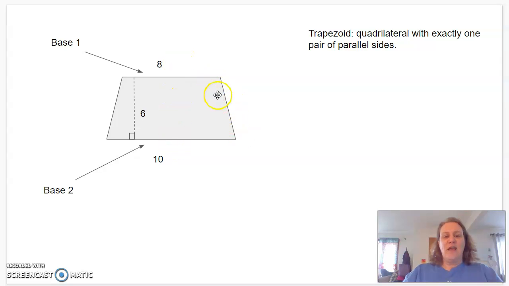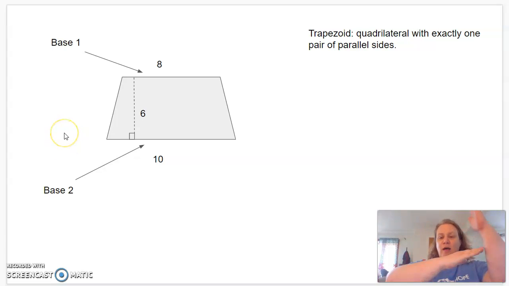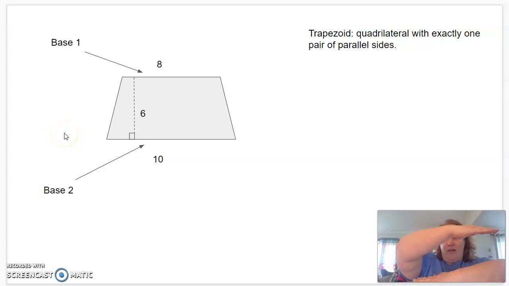As you can see, this side here on the right and on the left, if we were to continue the sides up, they would eventually cross, but parallel lines never cross. So in a trapezoid, we can do different things to find the area.